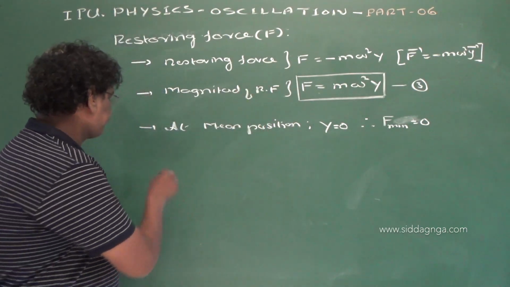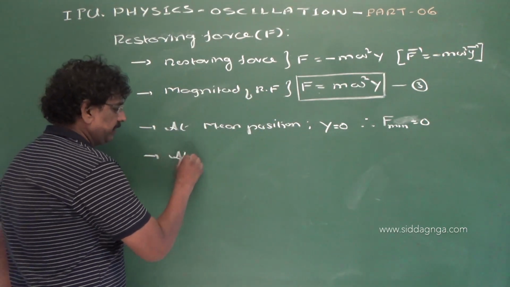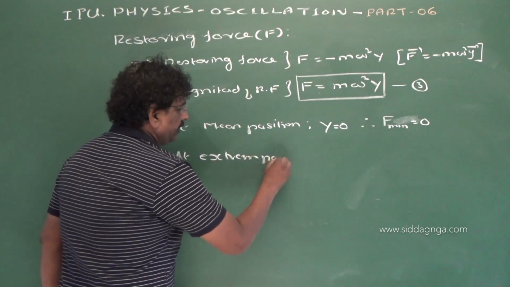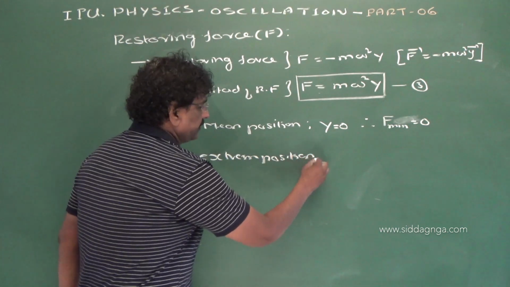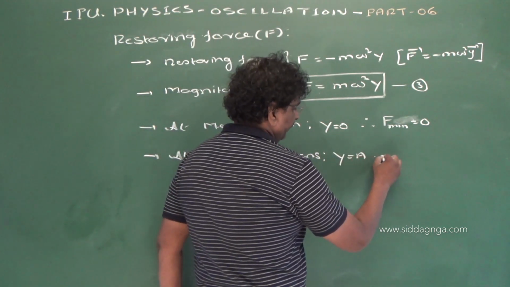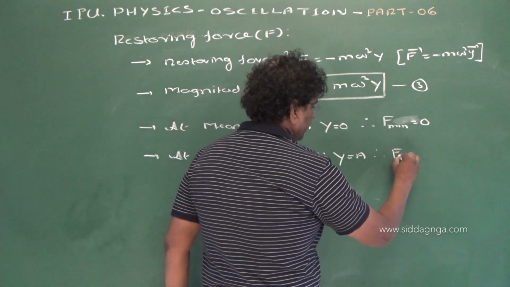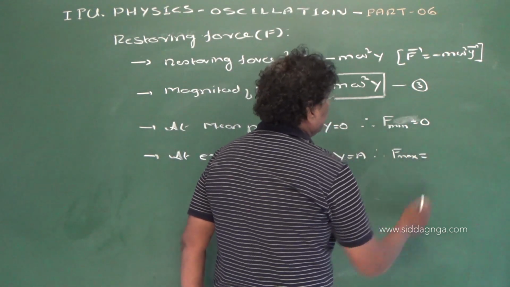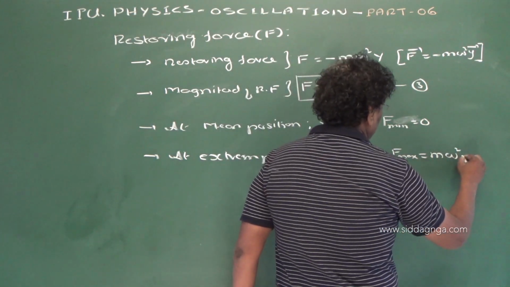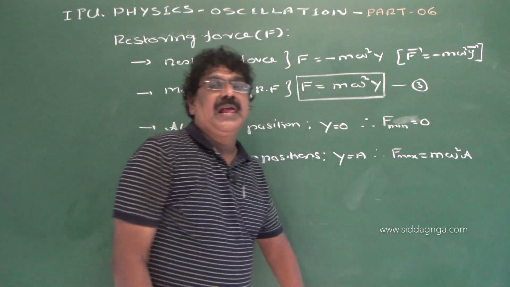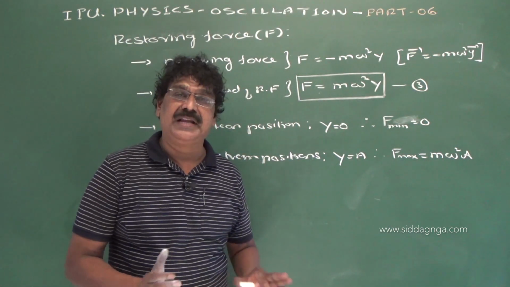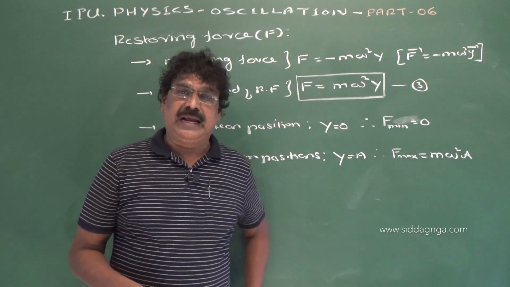Now at the extreme position, y is equal to A, therefore the force is maximum, and the maximum force is equal to m omega square A, where A is the amplitude of the simple harmonic motion.